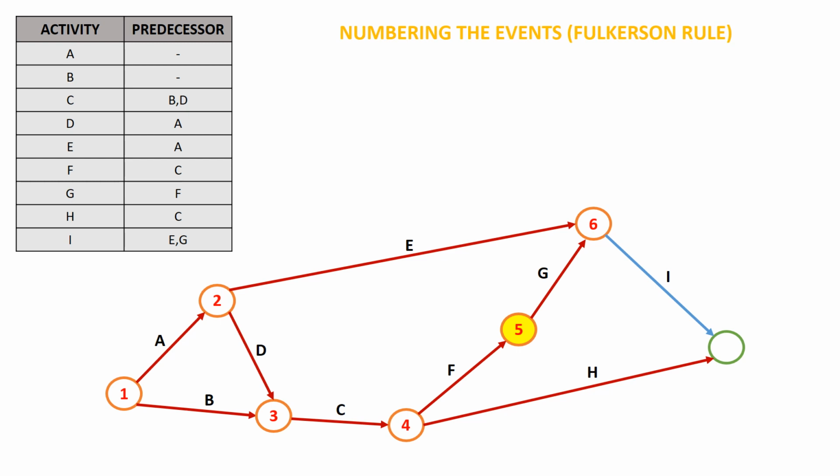Therefore, I can number this event as event number 6. Now we'll move on to event 6. From event 6, I have only one activity, which is activity I, which we will trace, and now that is the last event, which can be numbered as event number 7. And this is how we can number the events for this network using the Fulkerson rule.